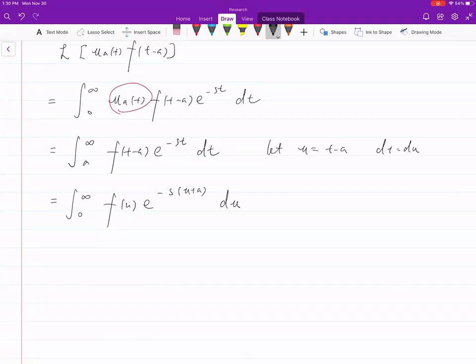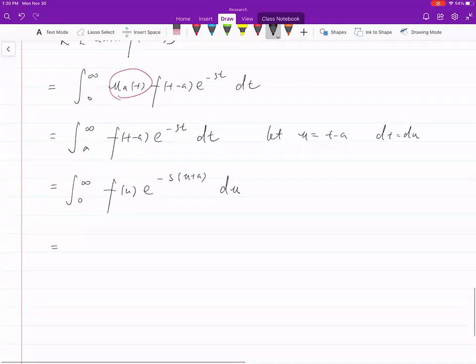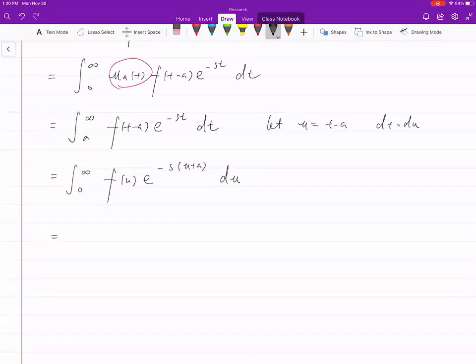So I shift everything back, which is this, times e to the negative SA. Notice, what I did is basically I take this one, I decompose it into two terms.